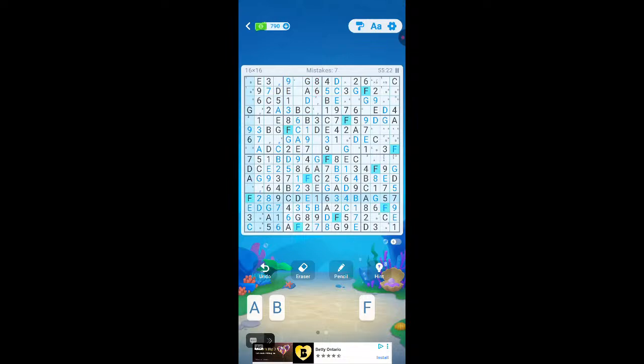And then if I have to think about it, in order to be in that, let me see, this could be an F, possibly. Pencil that in, and then look at F again. It's blocked everywhere else, so it must be here, actually. And therefore, it must be somewhere else in this box.